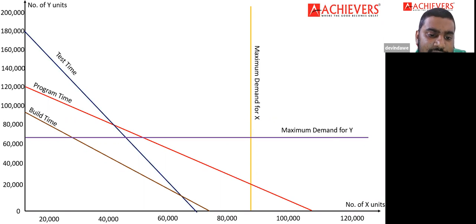It is a diagram that is drawn by connecting the first corners of the graph. So how do we find this feasible region, or how do we connect the first corners of the graph, guys? I'll teach you. You have to focus on this properly.